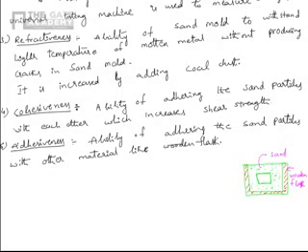Next property is collapsibility: the ability of breaking the sand with a little amount of force. After sand preparation, mold preparation and cavity preparation, we pour the molten metal into the mold, which enters the cavity and forms the casting. Once the casting is formed, we need to remove it.